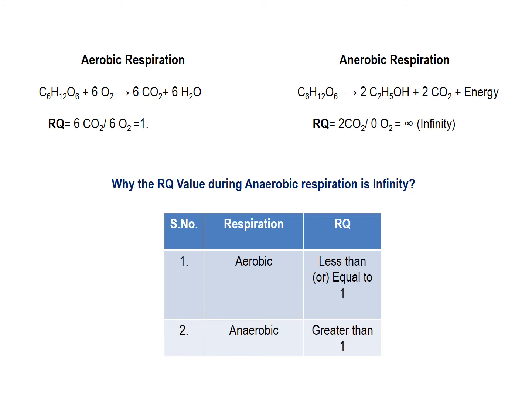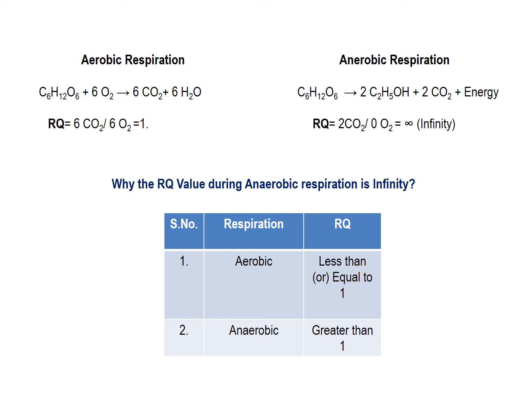Aerobic respiration takes place in the presence of oxygen. Anaerobic respiration takes place in the absence of oxygen. We can see aerobic respiration in higher organisms like plants and animals. We can see anaerobic respiration in human muscle cells, algae, bacteria, and yeast.